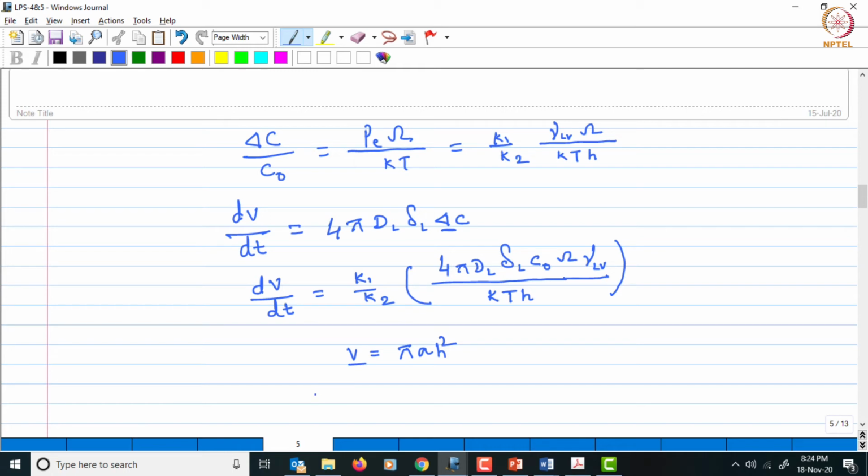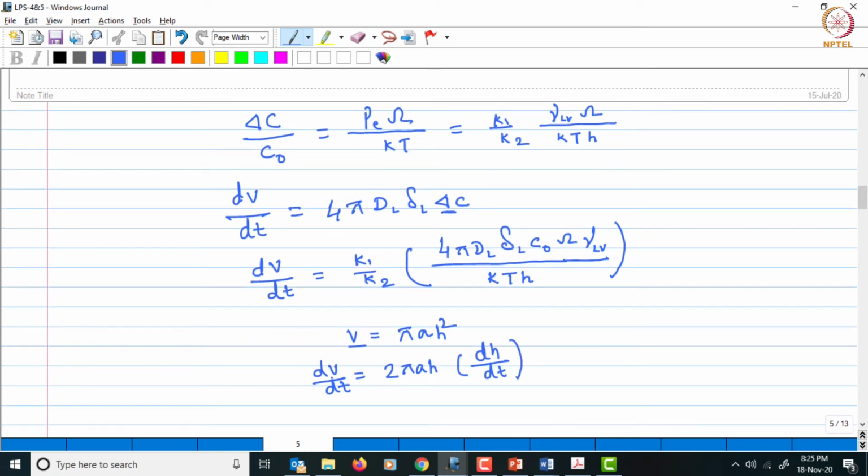So from here we would get dV by dt as this. So now if we replace dV by dt over here, then we would get the following expression.